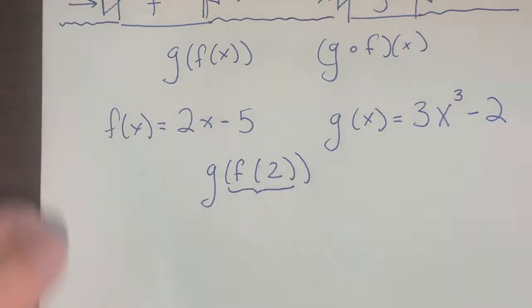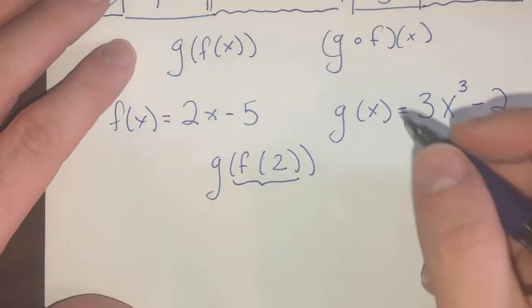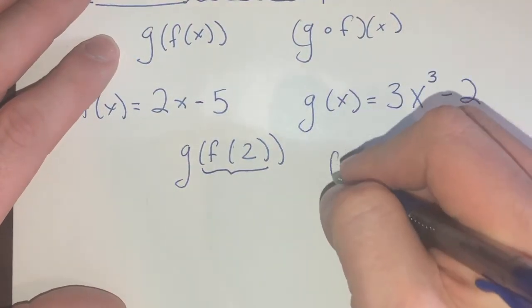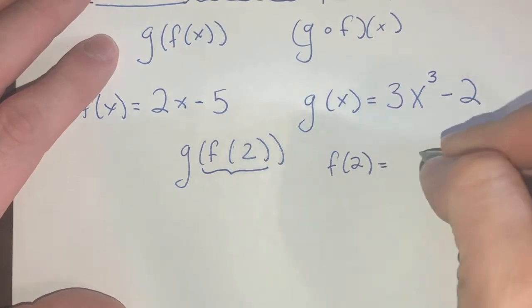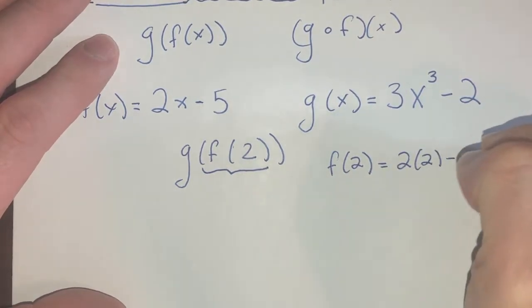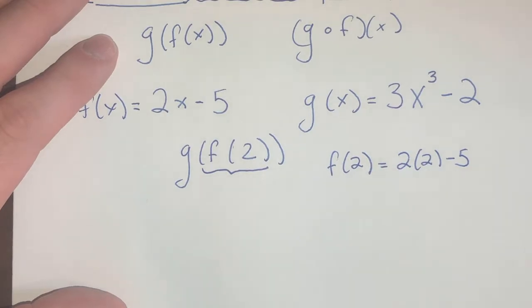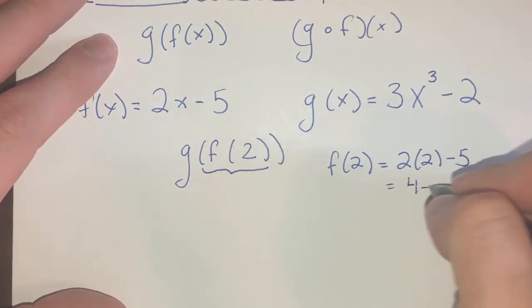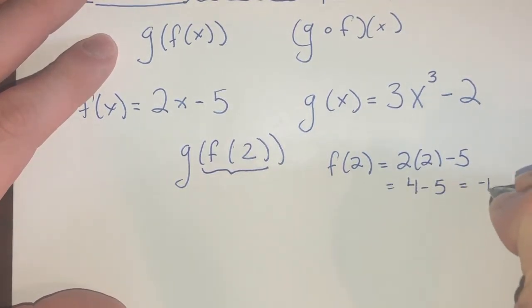So what I need to do is start in the middle and work my way out, and that begins by figuring out what f of 2 is. I know that f of 2 is equal to 2 times 2 minus 5, and that's 4 minus 5, which is negative 1.